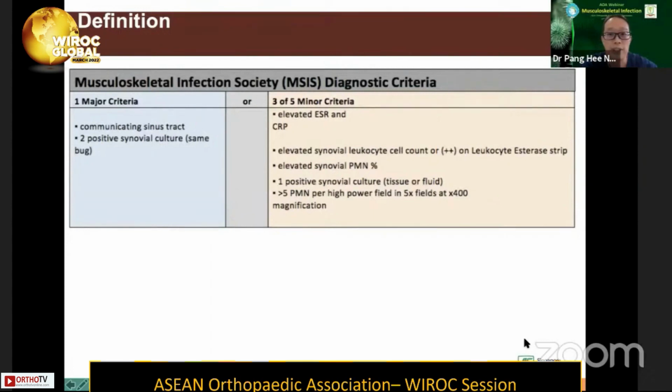And these are the minor criteria: ESR and CRP, white cell count on aspirate or a leukocyte esterase strip, elevated polymorphonuclear cell count, and 1 positive synovial culture, or more than 5 polymorphonuclear cells per high power field, at X400 magnification.